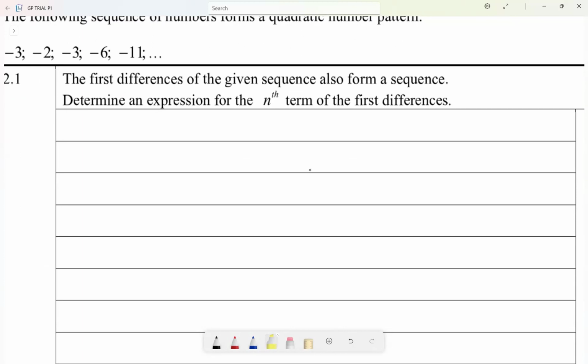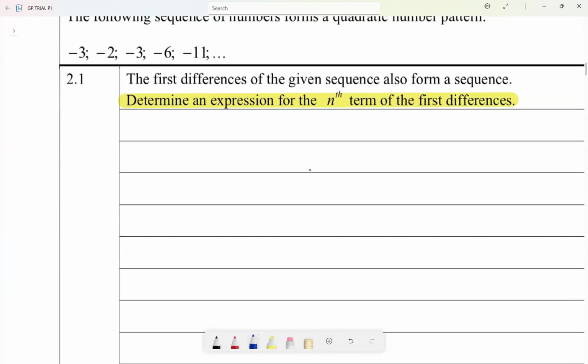Determine an expression for the nth term of the first difference. So let's find the general formula of the first difference. Let me indicate first term difference so that people are not confused.